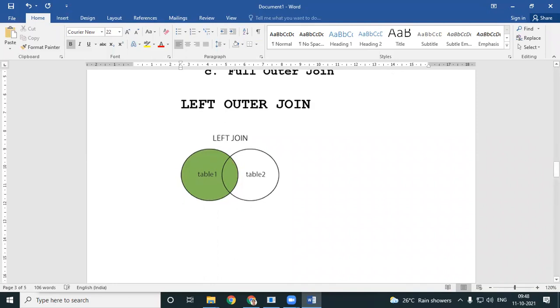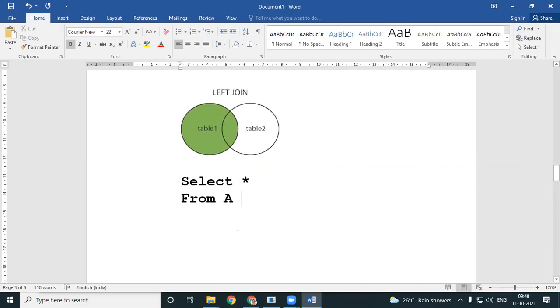So this is how you write the query. Select star from A, which is table 1, left outer join B on. You should have a condition called on in your outer joins.